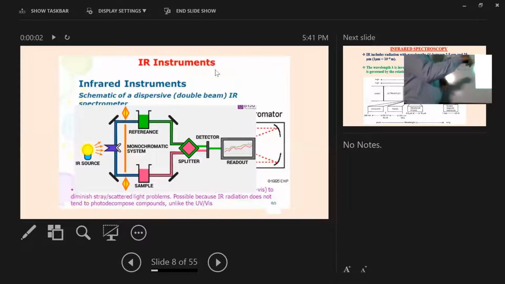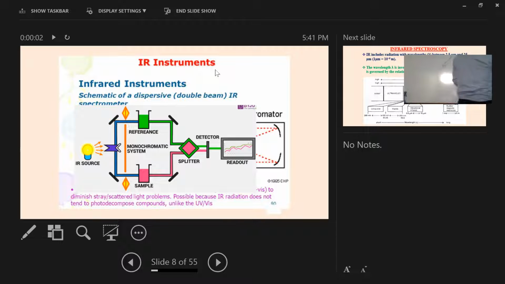Now we have a monochromatic system. That means this is our light and we can separate the light into 2 different parts. Last class I mentioned a splitter or half mirror. Can you remember? What is the half mirror?